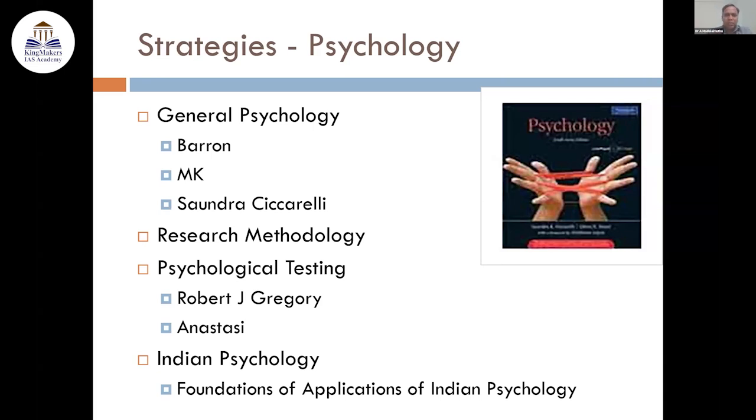For other things like theories of personality, cognitive psychology, and other core papers like developmental psychology, I think the class notes will be more than sufficient for you. So you need not worry about it. But one basic book you need to revise multiple times.